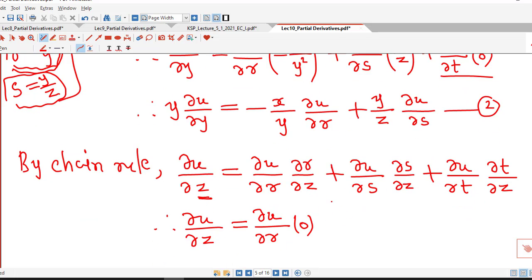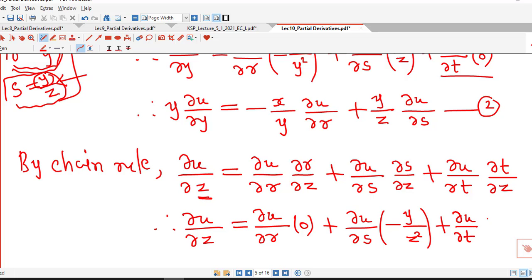So derivative of r with respect to z is 0, plus del u by del s, derivative of s with respect to z, s is y by z, and we are differentiating with respect to z, so y is constant and derivative of 1 by z is minus 1 by z square, so del s by del z is minus y by z square.